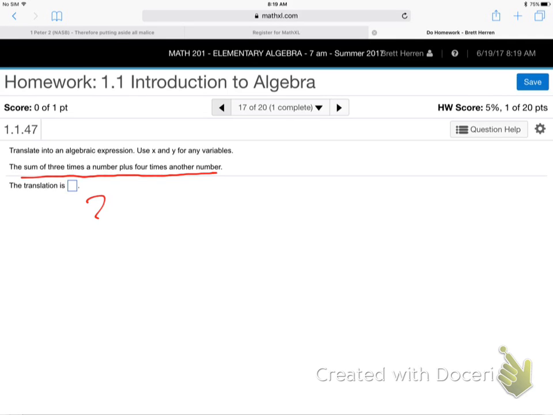All right, so 3 times a number plus 4 times another number. That makes sense? Sum means add. So the sum, the adding up of 3 times one number and 4 times another number. That's all they want. You just type that into Math Excel, and they'll say good job. Stop me if you want to talk about any of these.